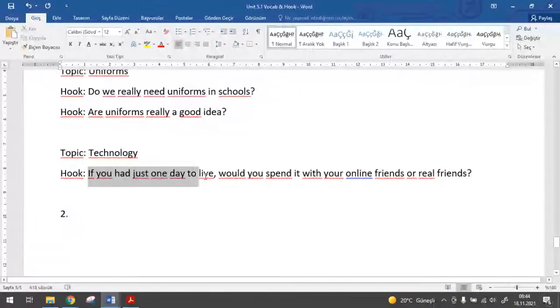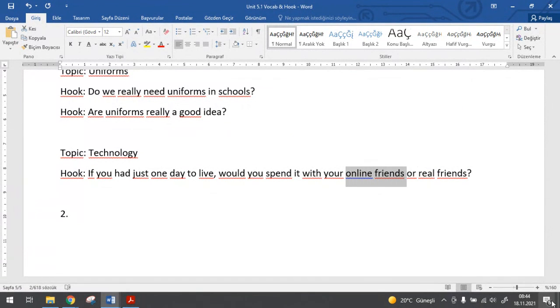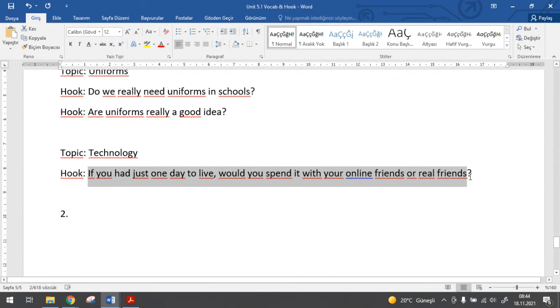This hook seems to focus on social media because it says online friends. And I think this is interesting as a question.